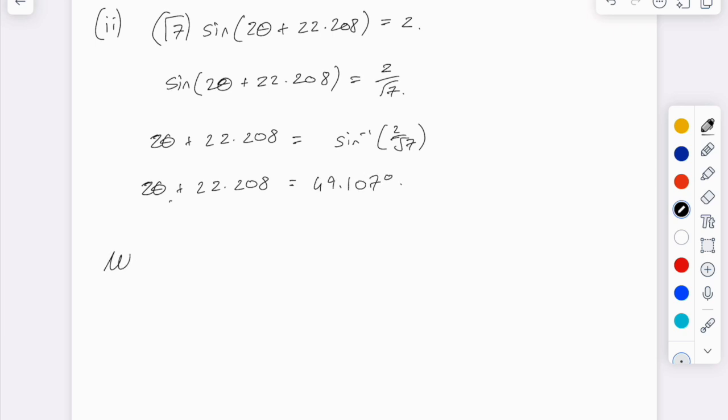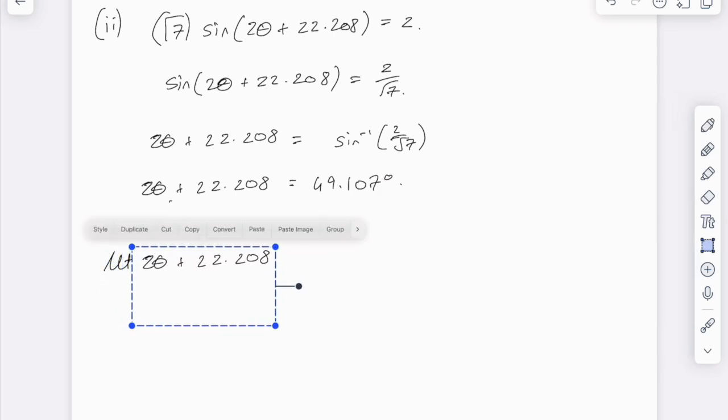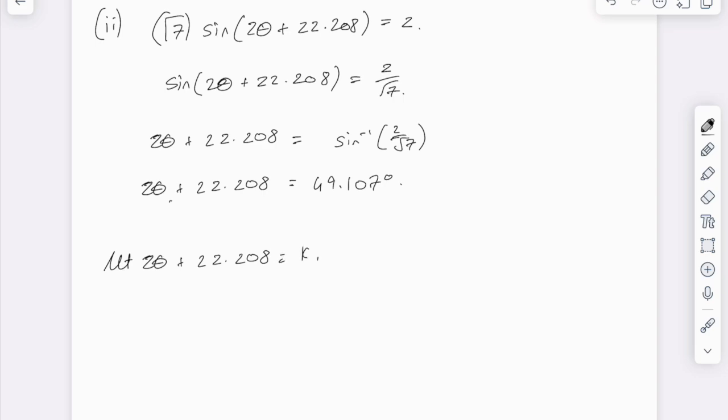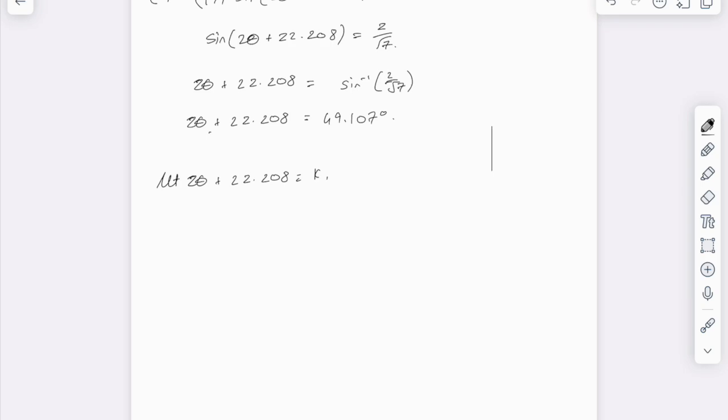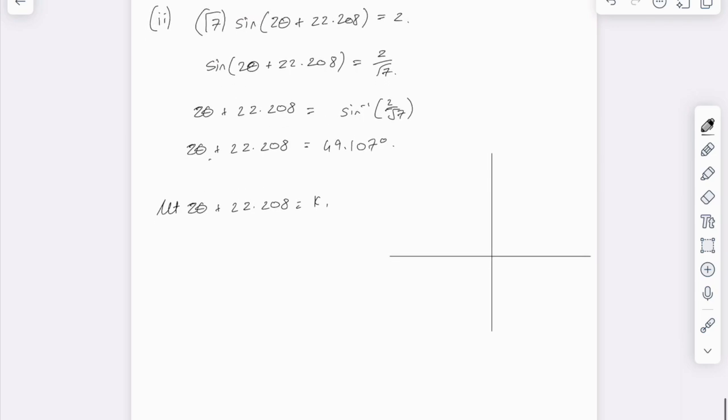So I'm going to say if we let 2 theta plus 22.208 equal k, so our angle is 49.107. This is simply just to simplify things. And what are we working with? Sine.